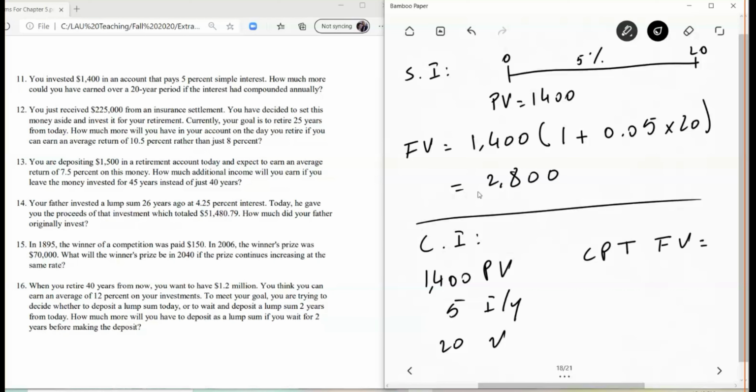In this case, FV is equal to 3,714.6. Now, the difference between the two values is equal to 3,714.6 minus $2,800. The answer is $914.